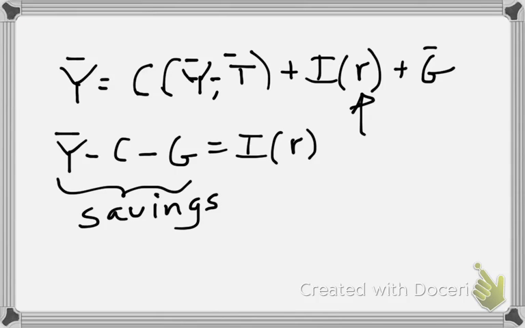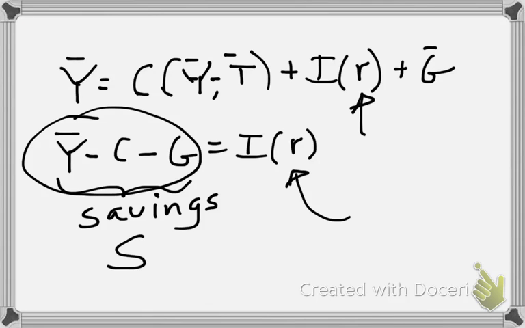So savings has to be equal to the level of investment, and it's the interest rate again that adjusts so that investment equals savings. So we can just write that as S. This is some number, because all these things are fixed outside of the model.